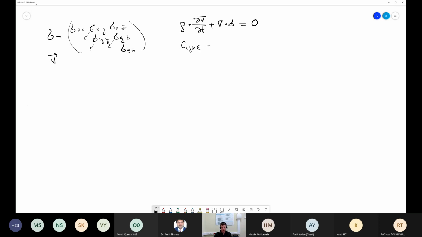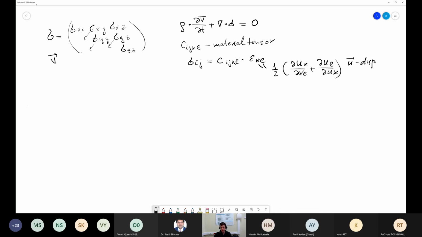This is a material tensor, and we postulate that sigma ij is equal to C_ijkl multiplied by epsilon kl, and epsilon kl is the relative displacement. This is 1/2 of du_k over dx_l plus du_l over dx_k, where u is the displacement, not the velocity, but displacement.